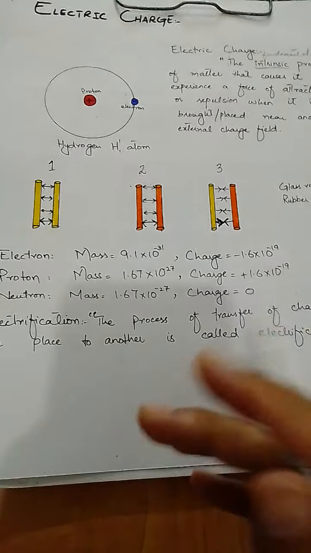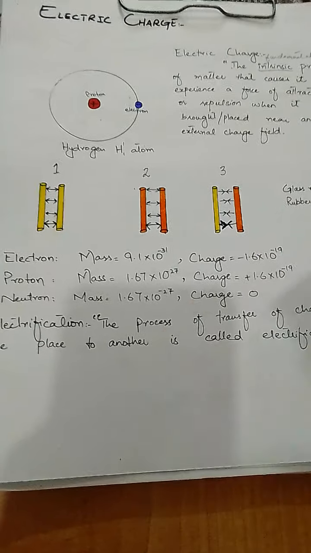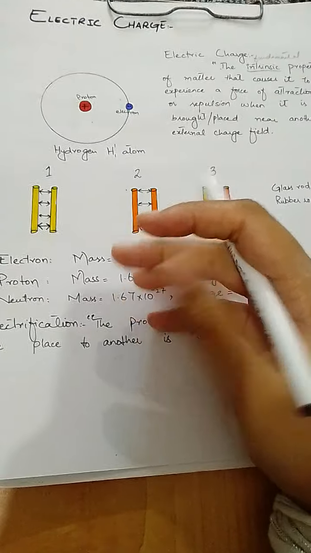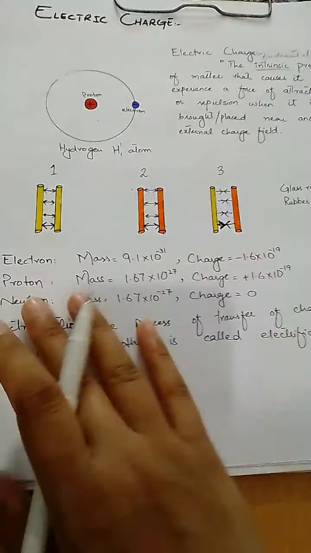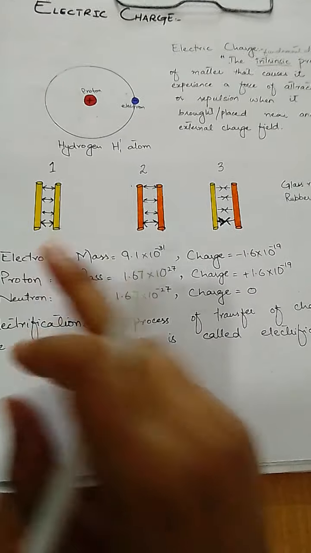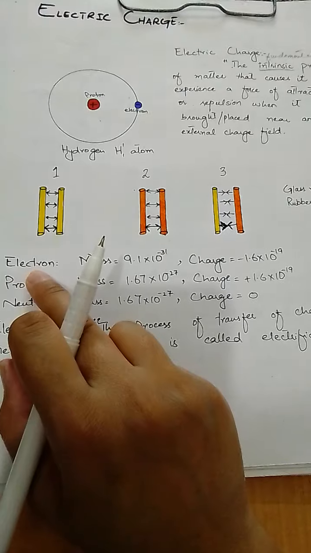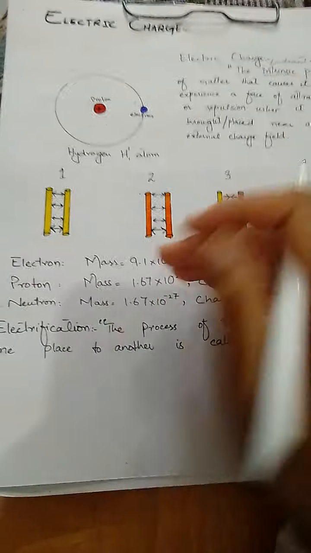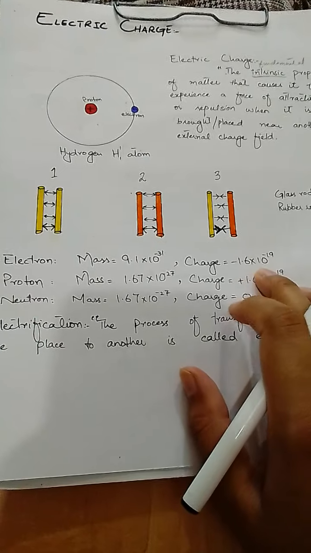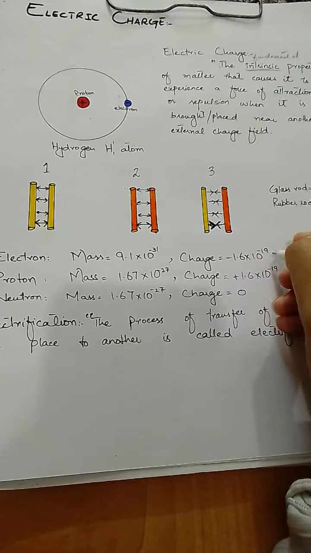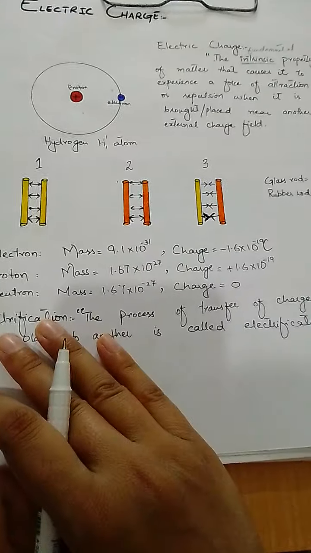So what exactly are these two charges, and what particles acquire these charges? So now coming to the particles. Electron has a charge. Electron is not a charge. Electron is a particle that has a charge of negative 1.6 into 10 raised to the power minus 19 coulombs, right?